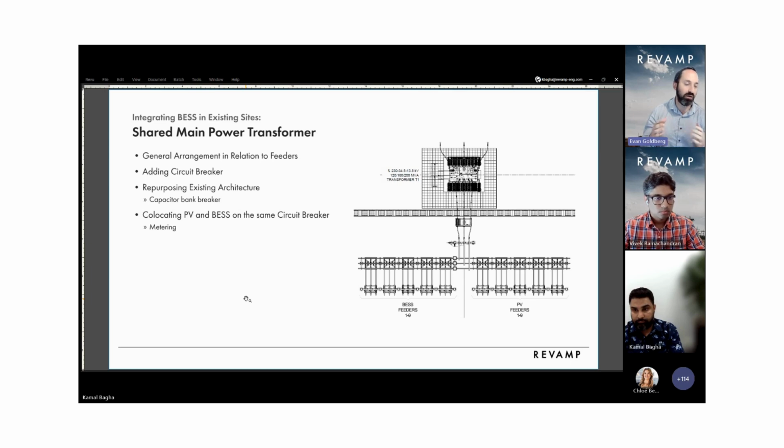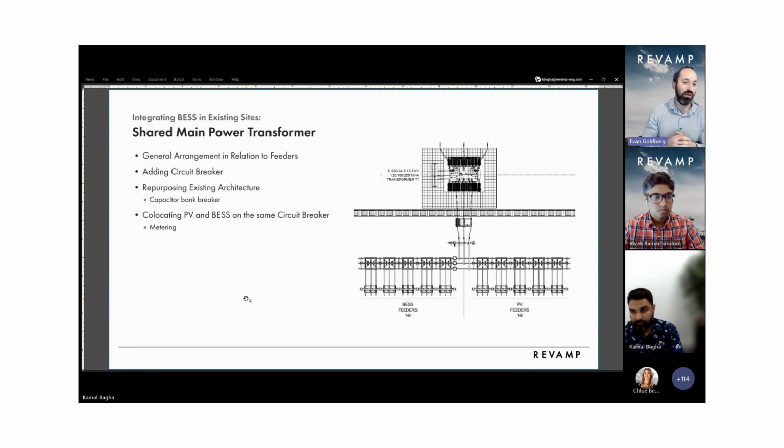So it can provide VAR support for whatever your interconnect agreement aligns to, and perhaps if you only need a breaker or two for the BESS you're planning to add, you can end up repurposing those capacitor bank circuit breakers, and instead of tying in a capacitor bank, you tie in your BESS.